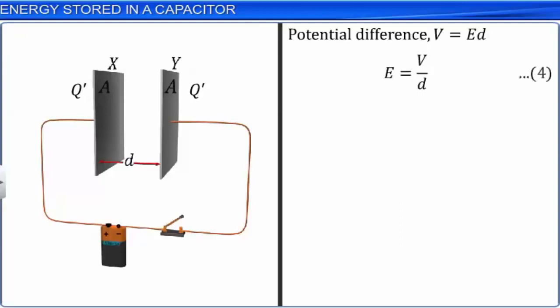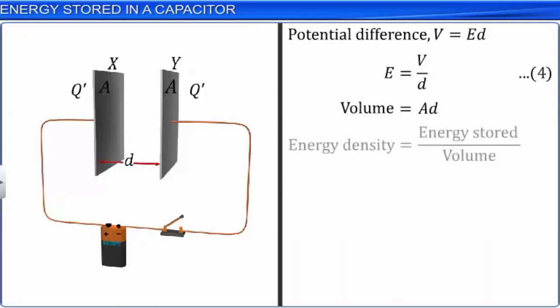The electric field fills the region between the plates, and this region has a volume equal to area A into distance d. The energy density is defined as energy stored per unit volume. Therefore, energy density is equal to the energy stored divided by volume.